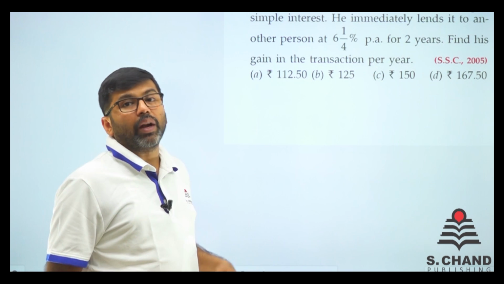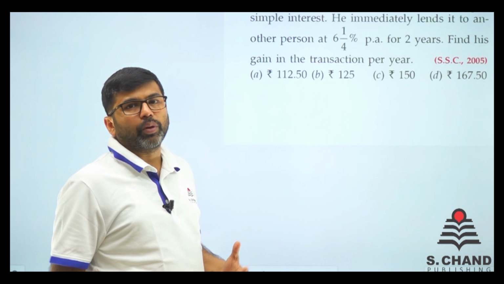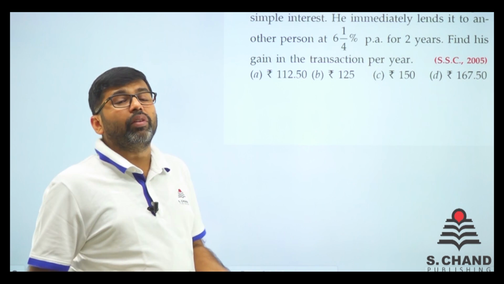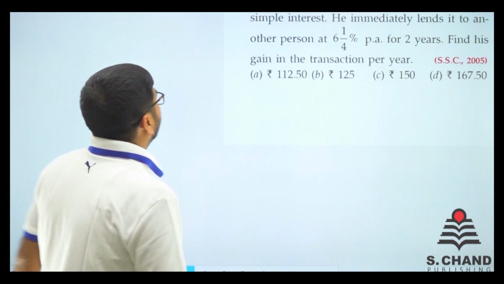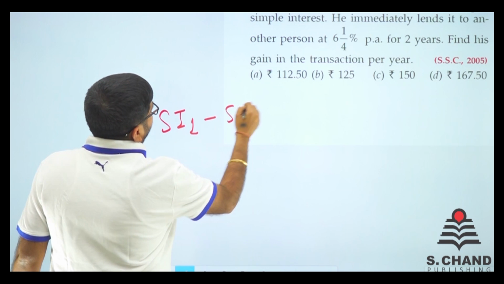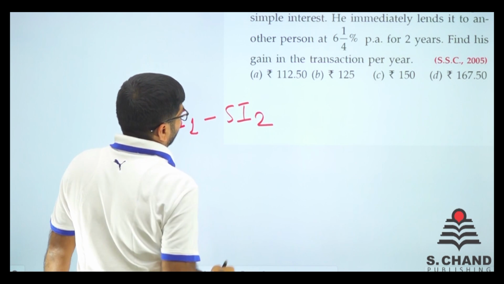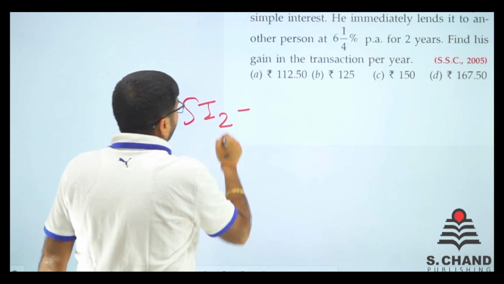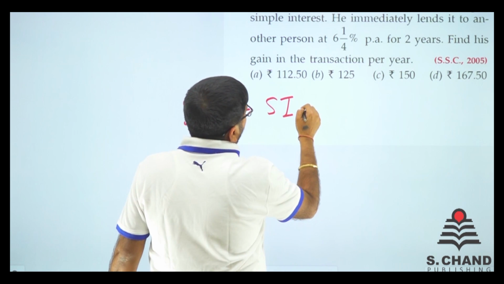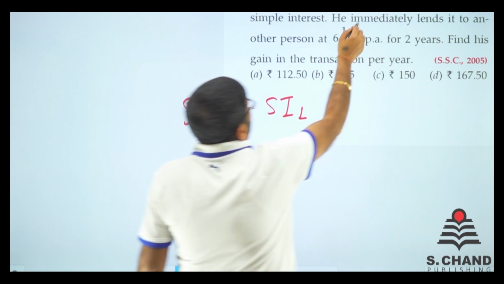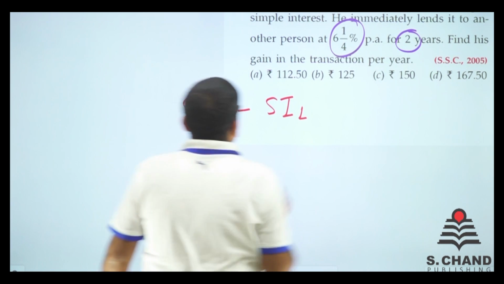So first find out the interest, because the amount is the same. Amount is the same, so that will not be a gain. Gain will be only interest. So SI2 minus SI1, since SI2 will be the bigger one, is the total profit. What is SI2? SI2 is 6 1/4% for 2 years.